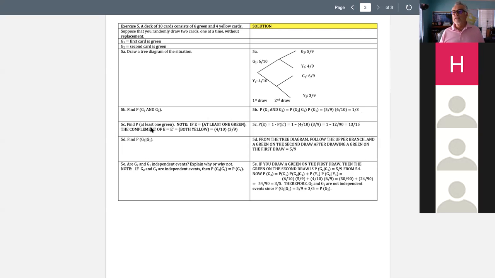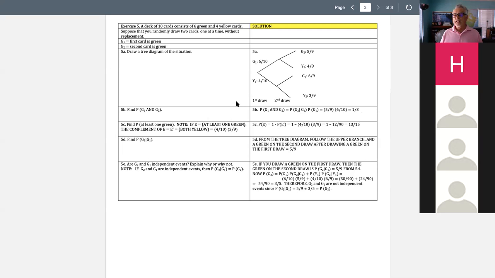The probability of at least one green in the 2 draws. So what you could do is go on this tree and calculate the probability of getting at least one green. How would that work? You could get the 2 green cards in the 2 draws, that's at least 1 green.